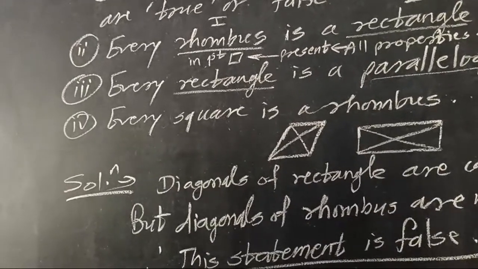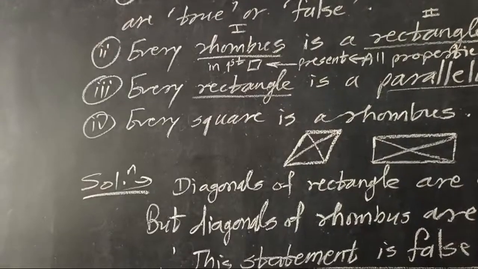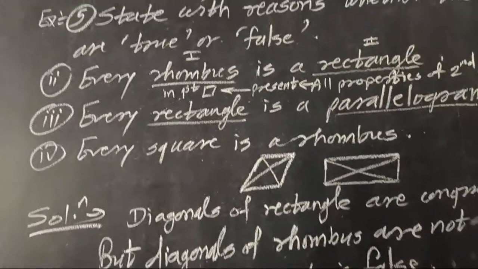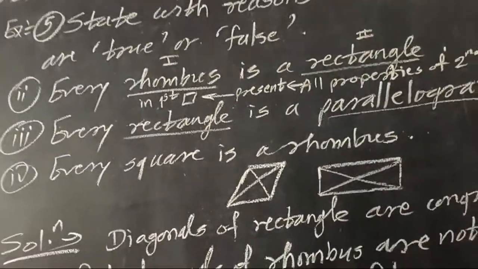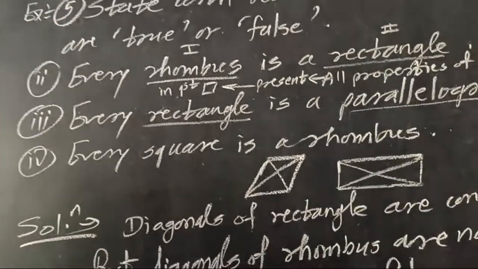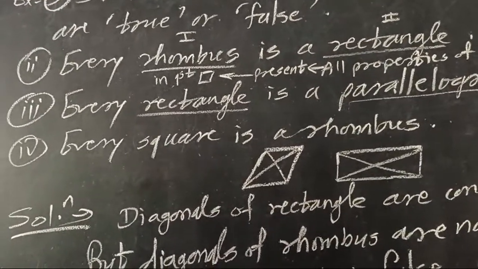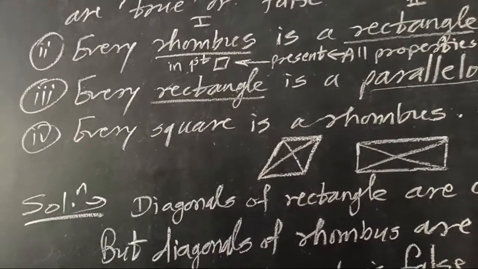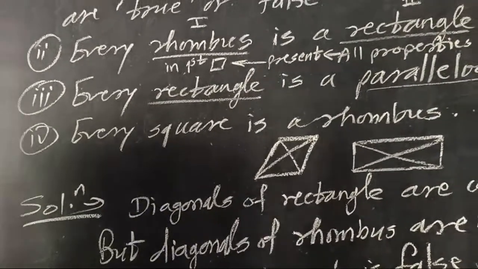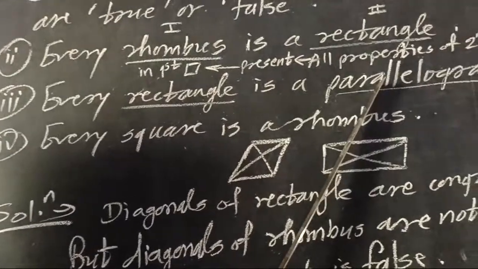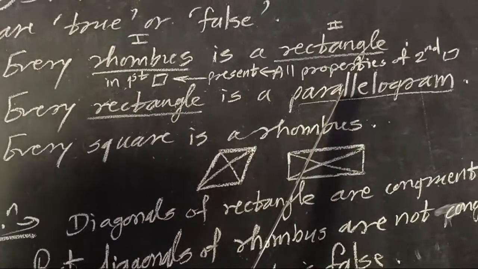Next. Wrong. Next. One remaining property. Next. Yes, opposite angles of parallelogram are congruent.